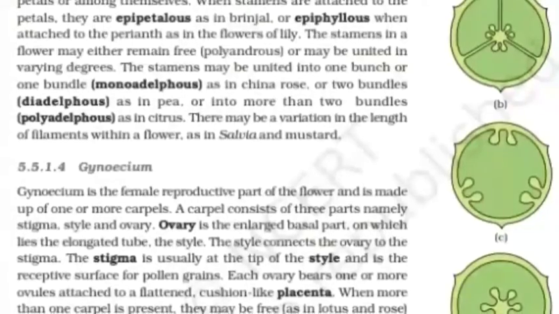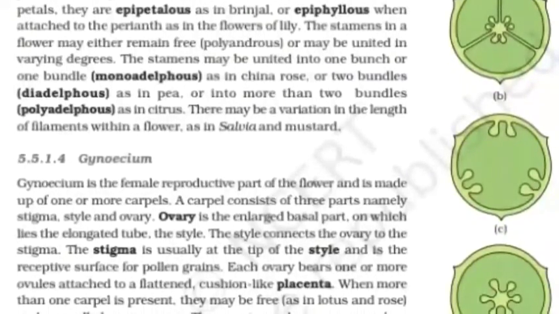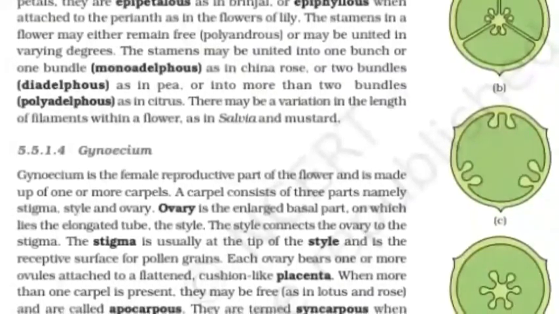There may be variation in the length of filaments within a flower, as in salvia and mustard.